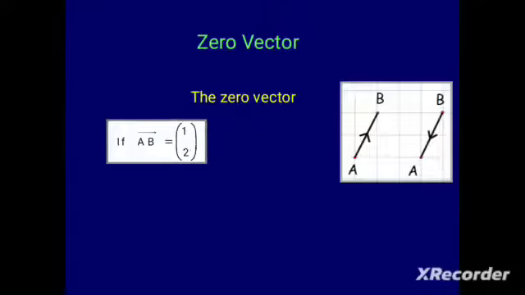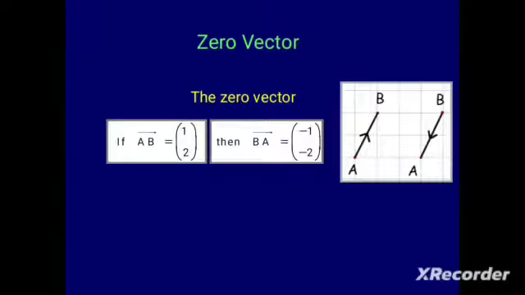Now, if vector AB is equal to (1, 2), then vector BA, you realize that we have reversed the movement. So it's going to be negative. So vector BA will be (-1, -2).